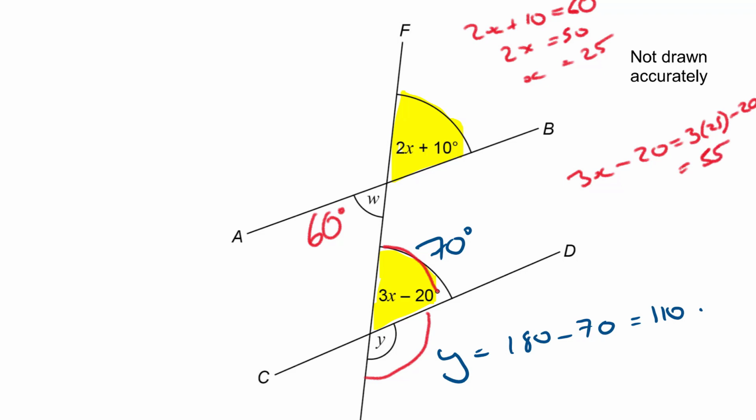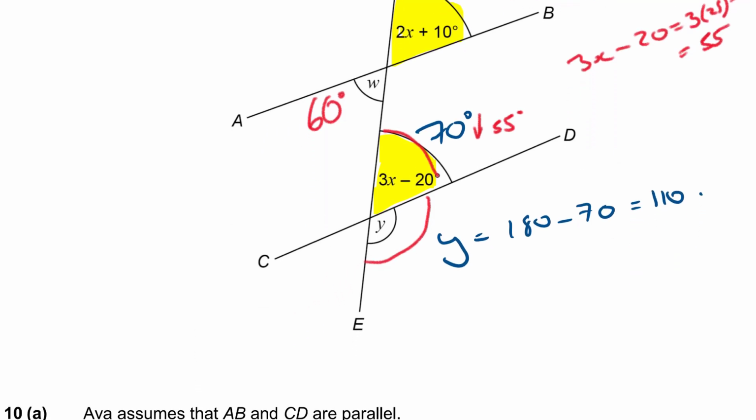So that angle is going to get smaller from 70, what we thought it was before. It's now going down to 55. So if that angle decreases from 70 to 55, it's dropping by 15, then my angle y is going to increase by 15. That's going to go up to 125 then, isn't it? Because those two angles are still going to have to add up to 180.